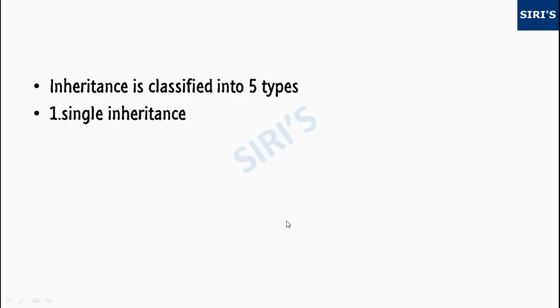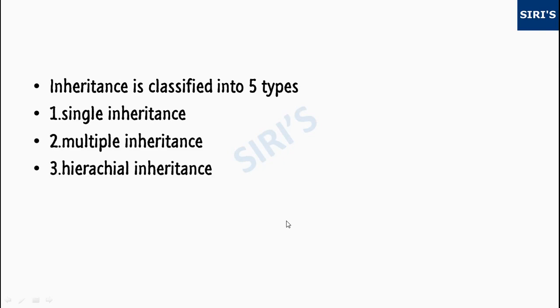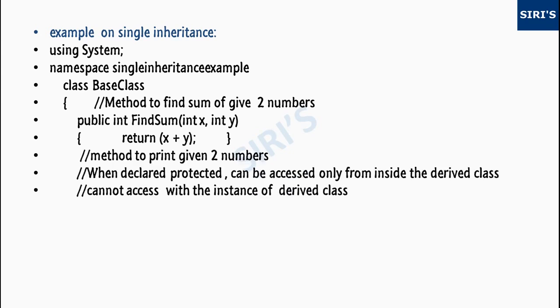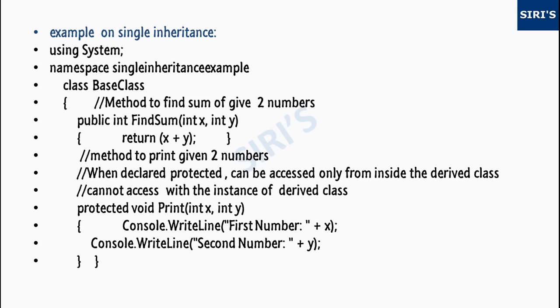Inheritance is classified into five types: single inheritance, multiple inheritance, hierarchical inheritance, multi-level inheritance and hybrid inheritance. Here is an example for single inheritance, which we have discussed before. It is almost the same. In this, we declare the base class where we call a function method, and we display the numbers as well.